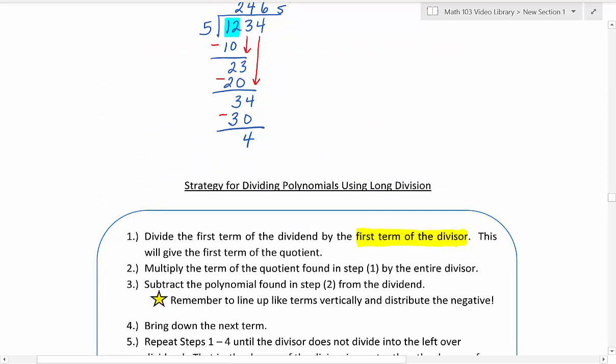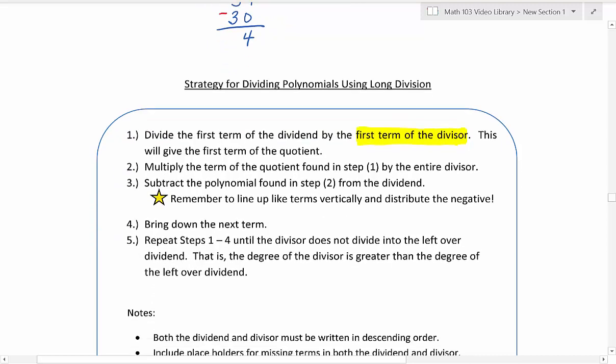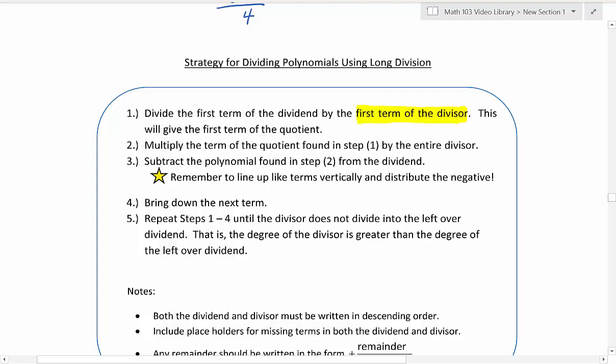Then we're going to subtract the polynomial found in step 2 that we put underneath. Remember, when subtracting polynomials, it's important that you line your like terms up vertically, and we're going to distribute the negative. And you'll see that more clearly in our first example. Then you bring down the next term.